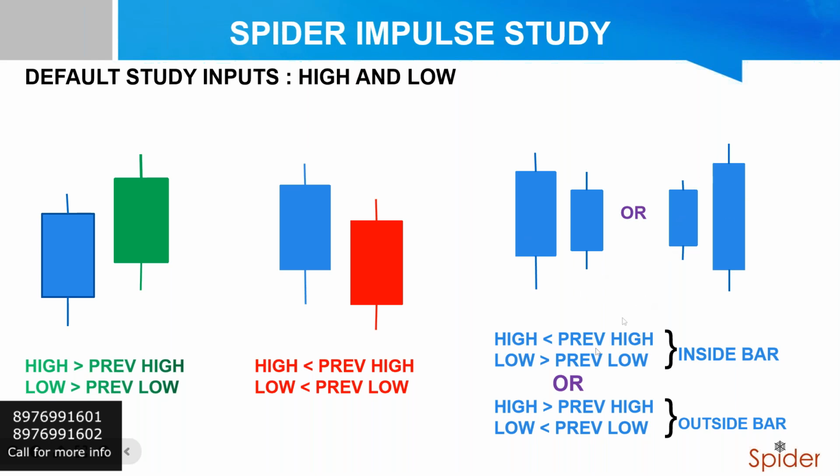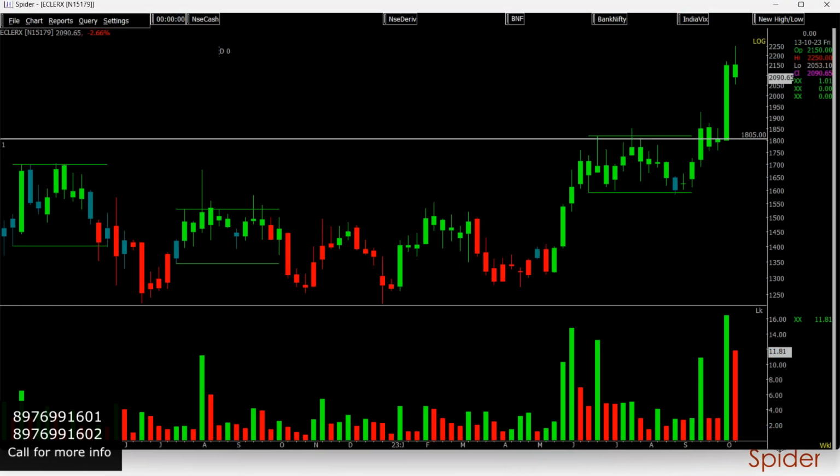The second criterion is that the high is greater than the previous high and the low is less than the previous low. That would be an outside bar candle. Based on this, we can generate three trends: one which is rising, second which is falling, and third which is in range movement, which can also be called sideways.